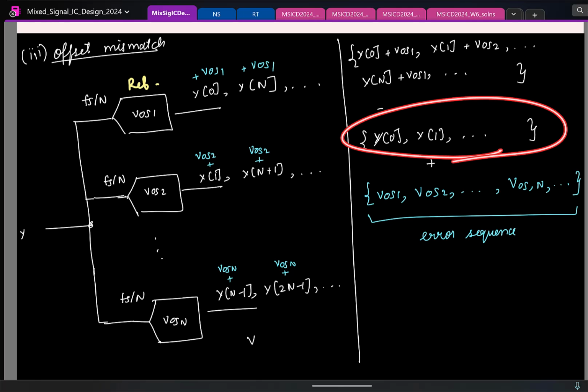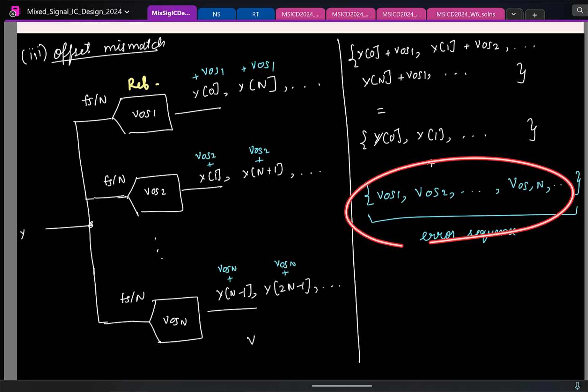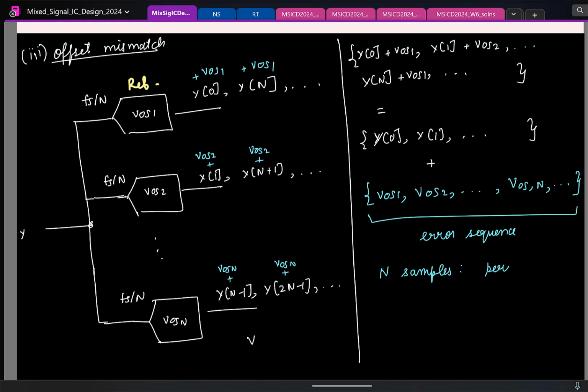So in addition to the right data, I am adding an error, and this error is a periodic sequence or a non-periodic sequence? Periodic sequence. What is the period of the sequence? N samples, it has periodicity. So if I have a periodic sequence with N samples periodicity, if I look at its frequency spectrum, what will I see? If you have a periodic signal with some fundamental frequency, if I look at its Fourier series, what will I see?